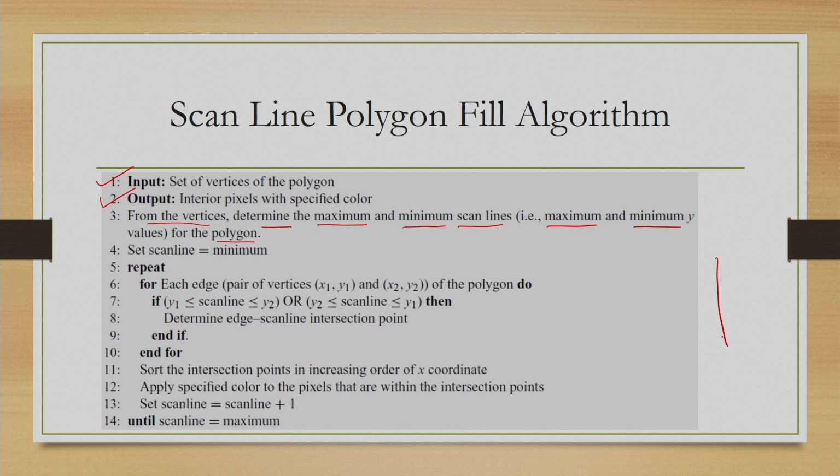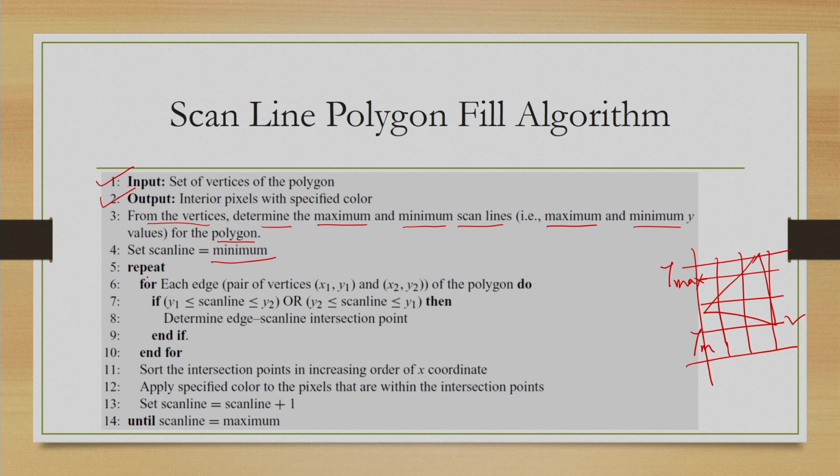So, for example, here suppose this is our pixel grid and we have shape like this. So, we need to know the minimum y, which is here y min, and maximum y, which is here y max. So, this maximum and minimum first we determine, then we start from the minimum scan line, that is the lowermost one here.